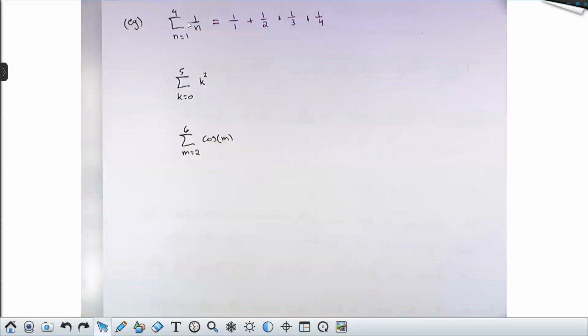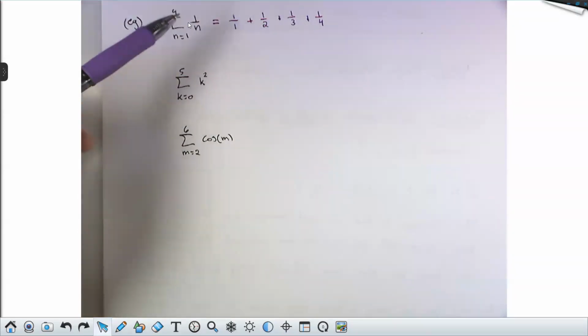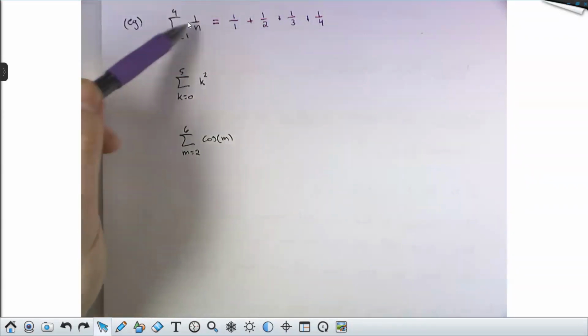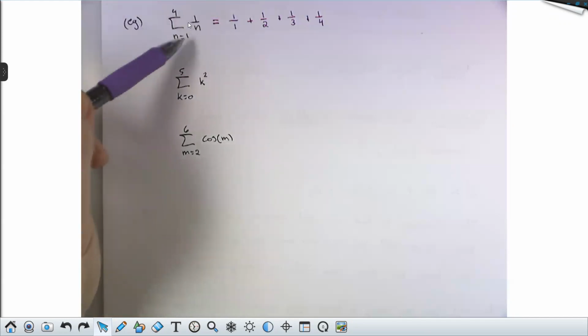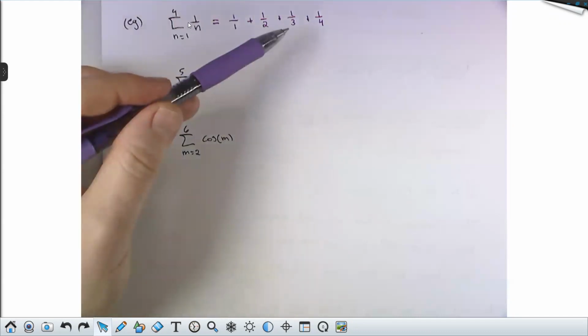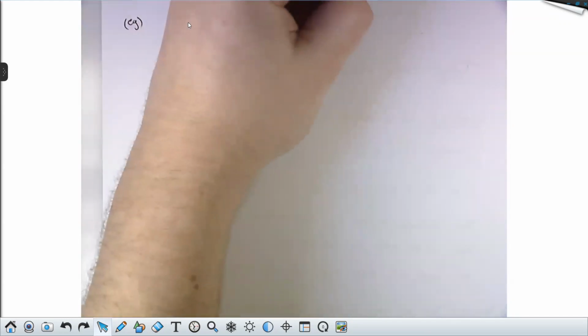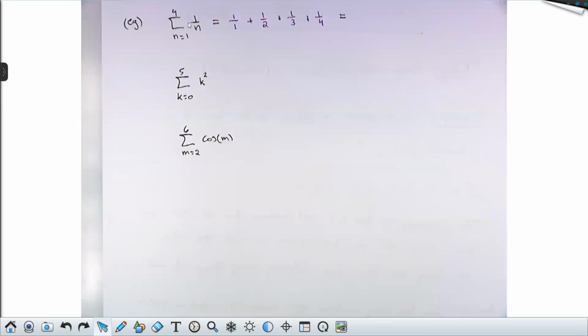So the sigma operator, this thing, tells me to put pluses between all these guys. And then the bounds here tell me to let this expression go from 1 to 4. So 1 over 1, that's n equals 1, plus 1 over 2, that's n equals 2, plus 1 over 3, that's n equals 3, and plus 1 over 4. And yeah, we can simplify this if we want. I'm not sure off the top of my head.